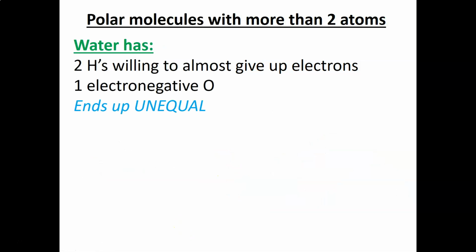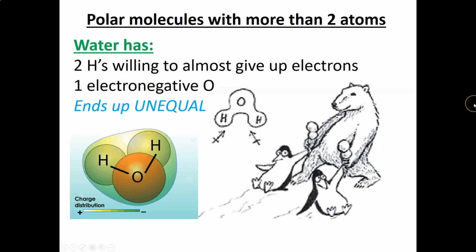When you have molecules with more than two atoms, you have to start looking at their three-dimensional shape, right? That's why we learn VSEPR, because it's going to change where the electrons are. So water, for example, we have to remember that water is bent, okay? We have an oxygen, and then the hydrogens are bent down below. So if we were to look at our polar bear and penguin analogy, we have an oxygen polar bear, and we have two poor little penguins down here, two hydrogens down here.